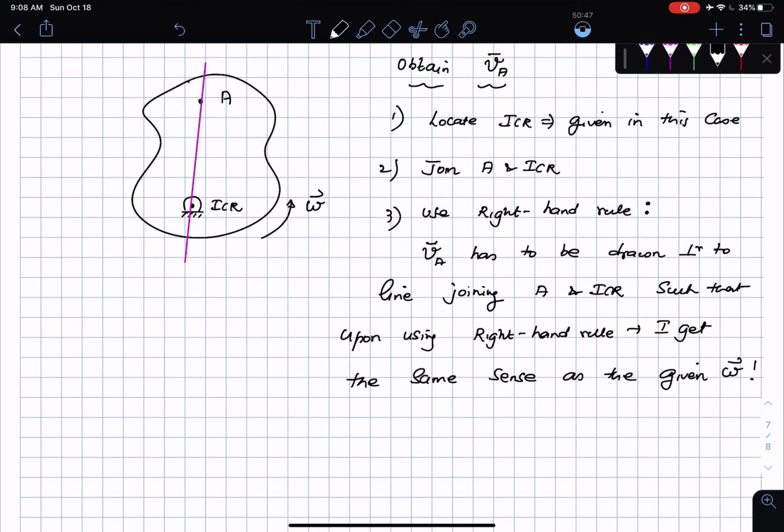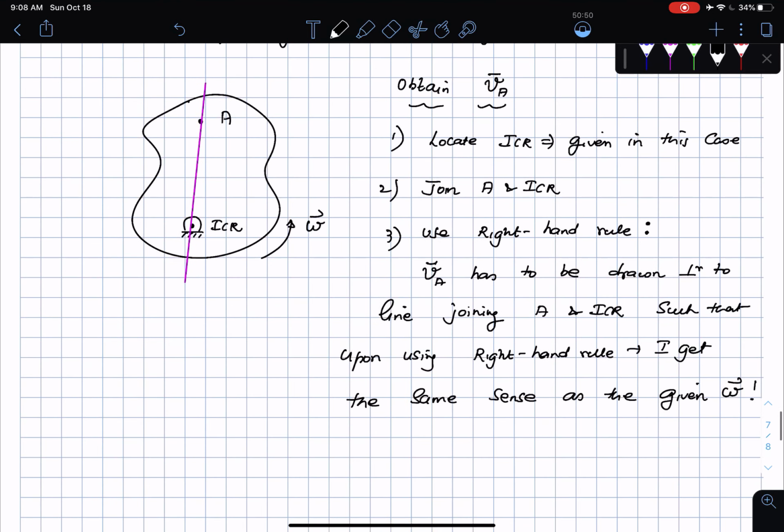I'm told that omega is counterclockwise. So what should be the direction of the velocity at A? It should be pointing this way, perpendicular to the line here. Only then can I get the sense of the rotation to be counterclockwise.